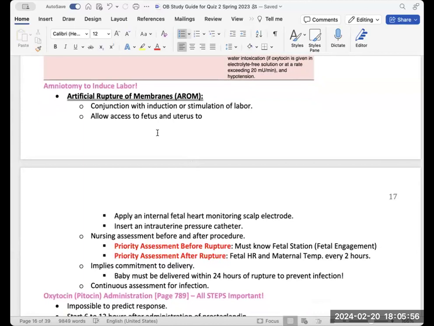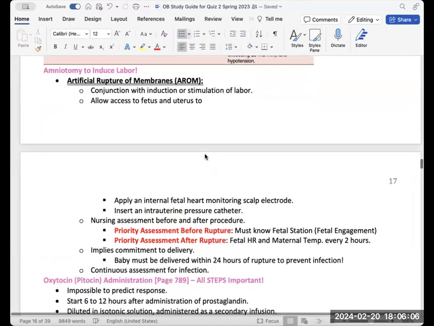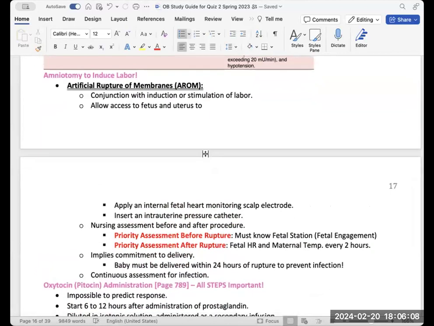Okay, any other questions? Okay, so then we have an amniotomy, which is also going to help induce labor, which is basically where we have an artificial rupture of membranes. Remember, we said that we can't have the membranes be delayed from rupturing for too long because that increases the risk of infection.